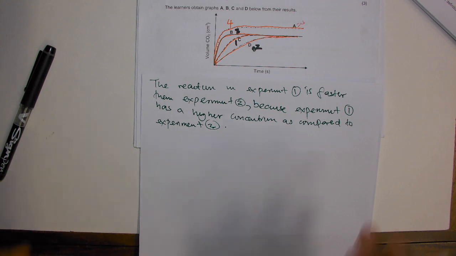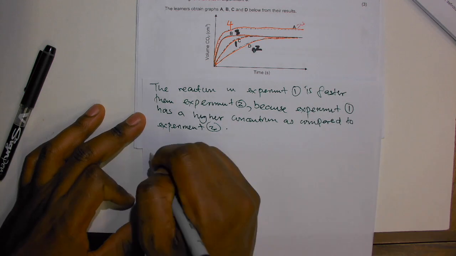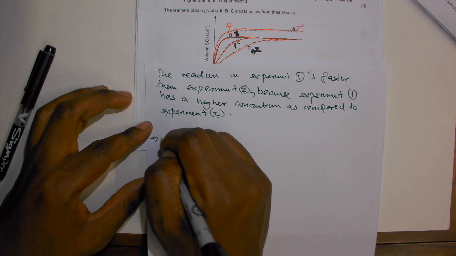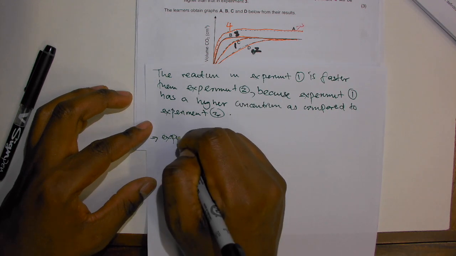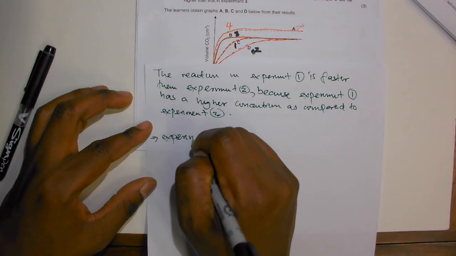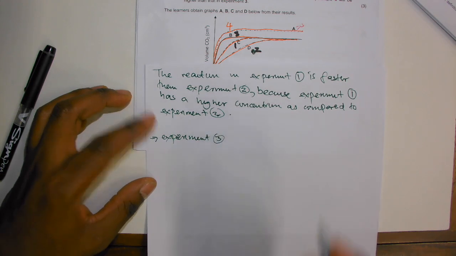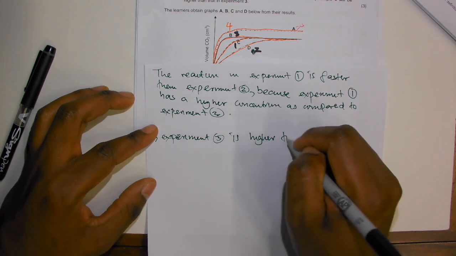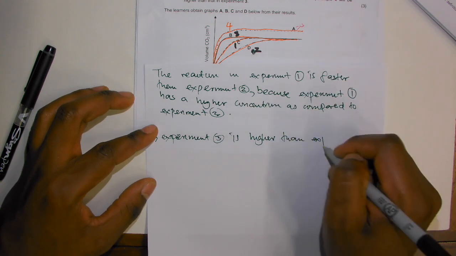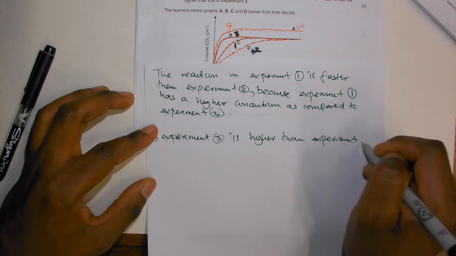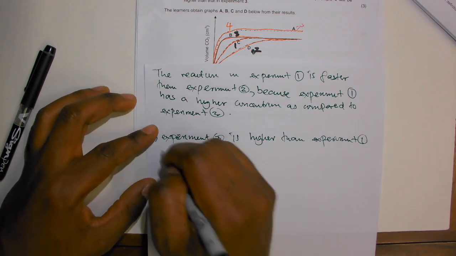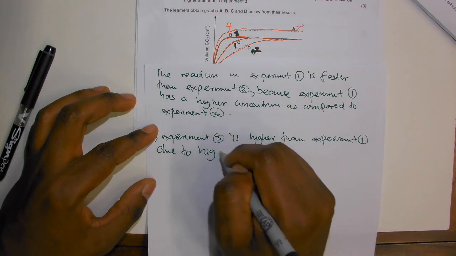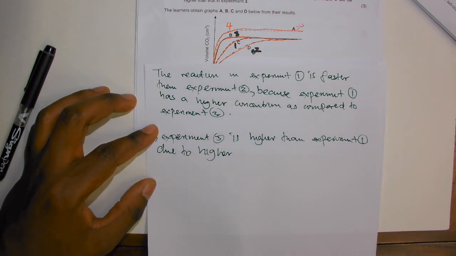And then, so we've done comparing experiment 1 and 2. Now we need to compare 1 and 3. Is that okay? Then we say experiment 3 is higher than experiment 1 due to higher what?